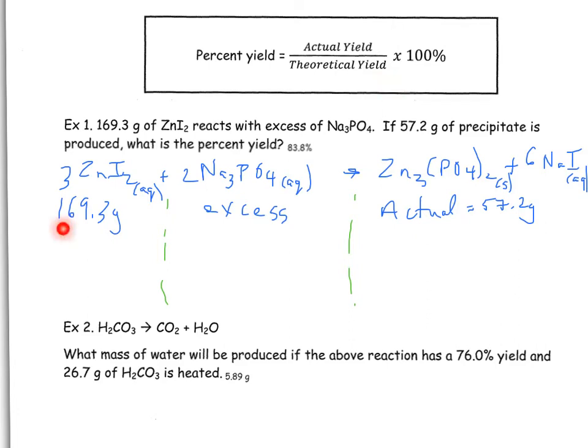I'm going to take my 169.3 grams and figure out how many grams of zinc phosphate would theoretically get made. My first step is to take my mass and divide by the molar mass of zinc iodide. That works out to be 319.21 grams per mole.